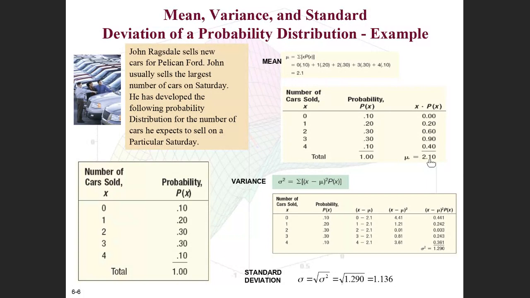Not doing anything different. So for the variance, here's the probabilities. Here's the number minus the mean. We square it, we get this number, and we end up with this.